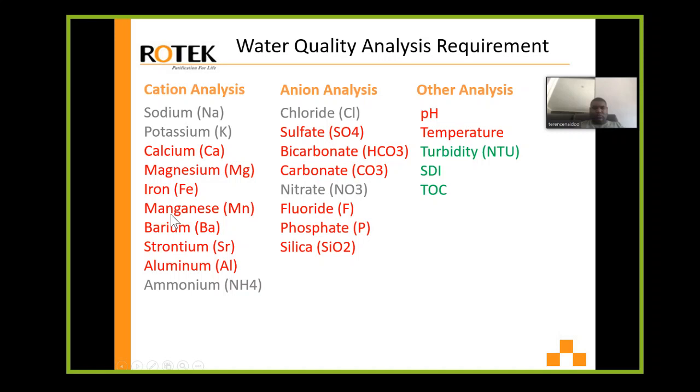And the same with manganese. Manganese normally exists together with iron in well water. Manganese has to be below 0.1 as well, and if above 0.5, it can cause fouling issues. Iron fouling, you can see very clearly at the end of the membrane and the beginning side of the membrane.